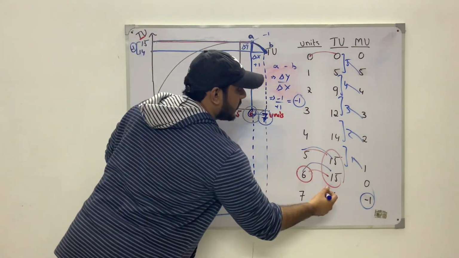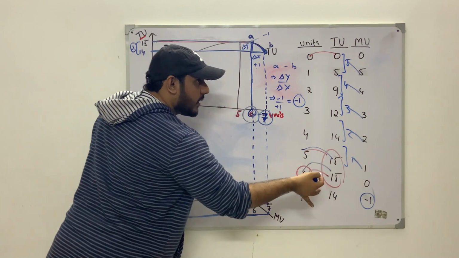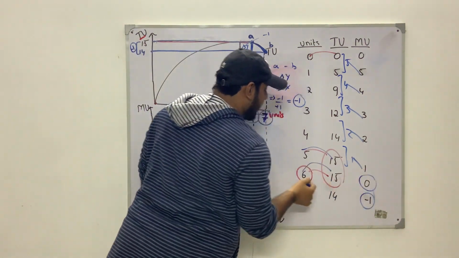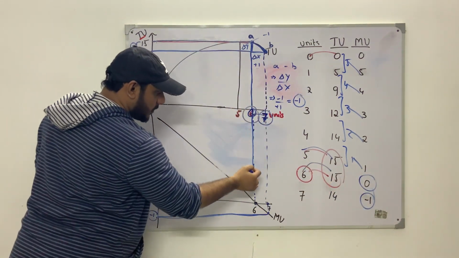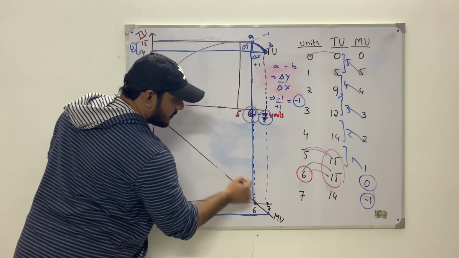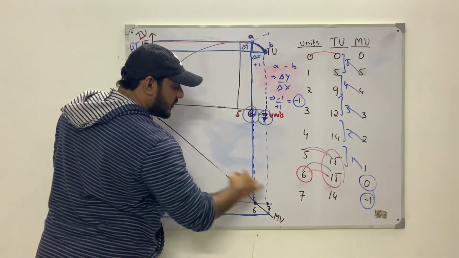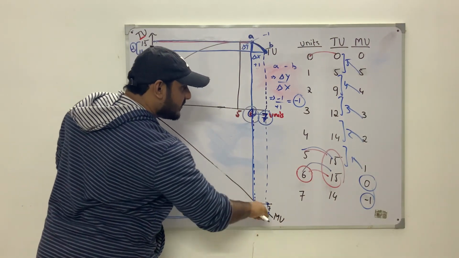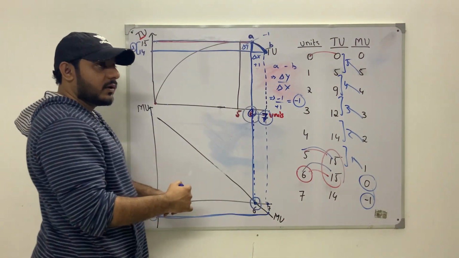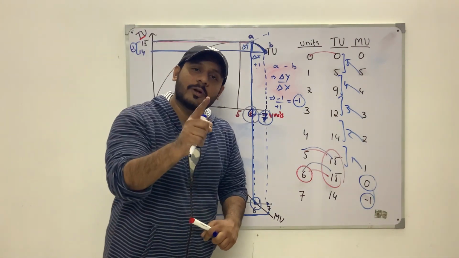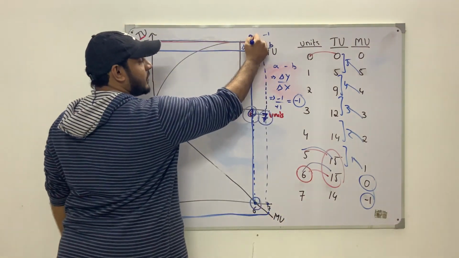The marginal utility is 0 at the consumption of the 6th unit, which has to correspond with this point. So you can also say that the point where the marginal utility curve intersects the horizontal axis would be the point where the total utility is the maximum, right?